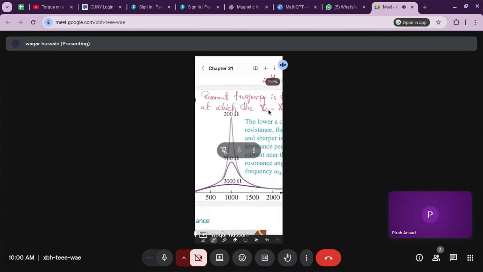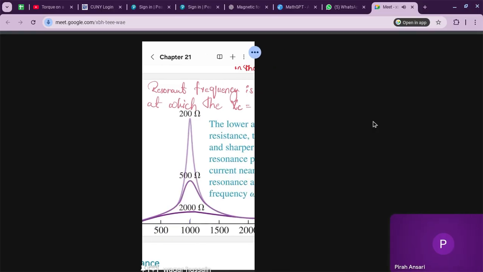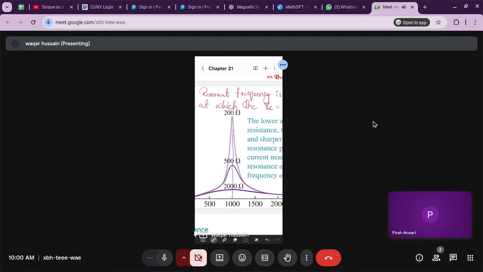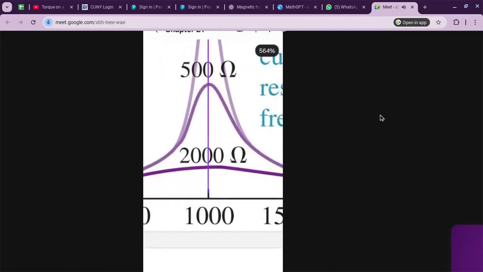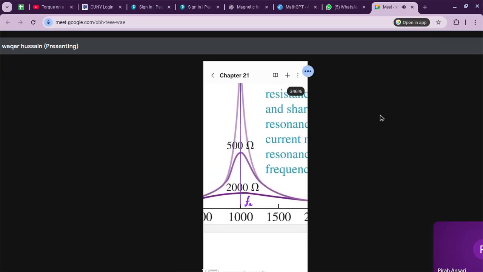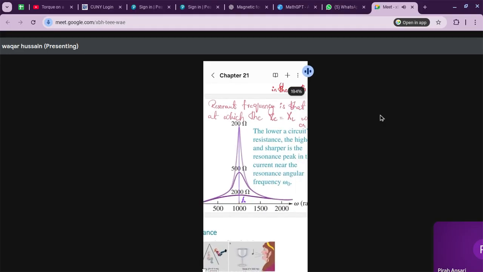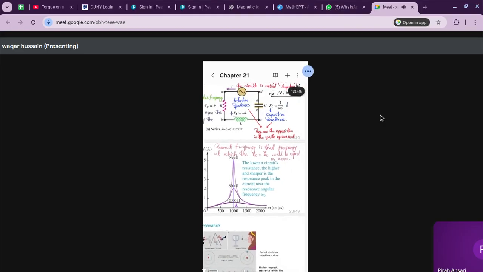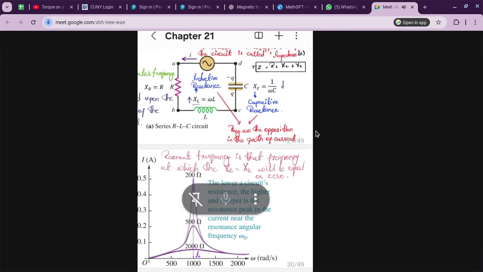If you see this, this is the resonant frequency, represented by Fr, and at the resonant frequency these two cancel to zero.